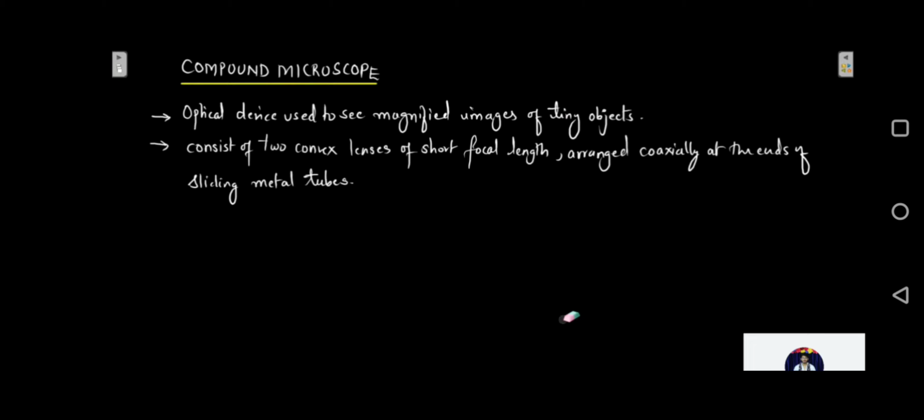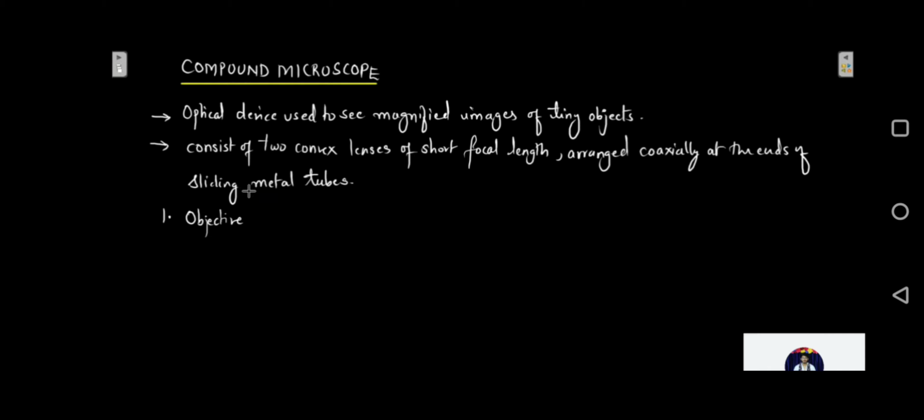The first lens will be called the objective. The objective is the lens which is kept near the object, and this lens is going to have a shorter focal length as compared to the other lens.